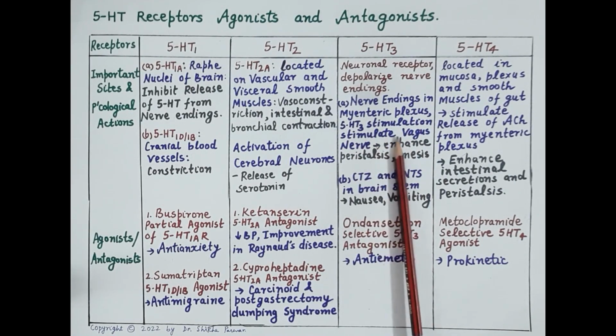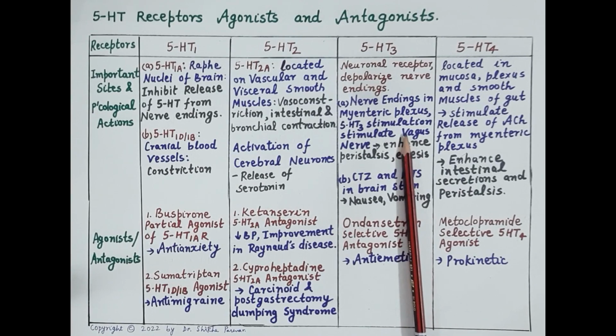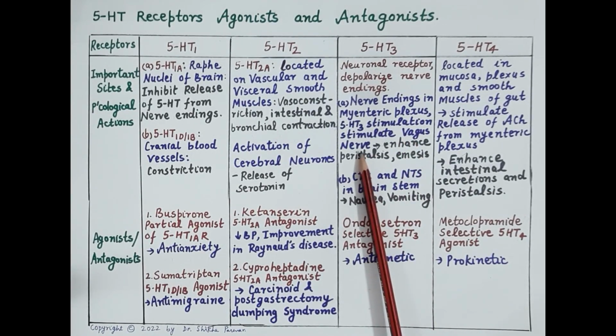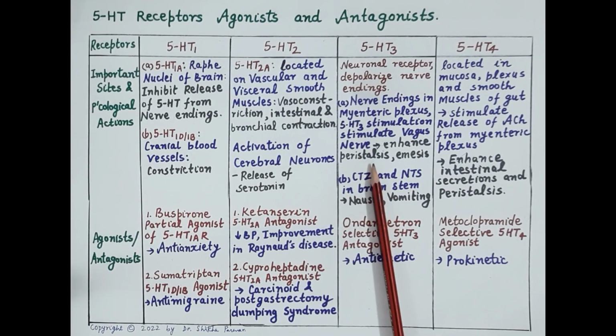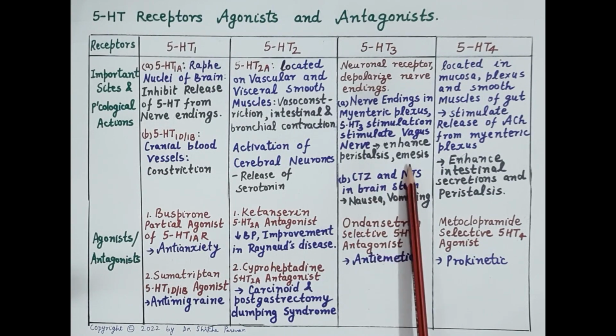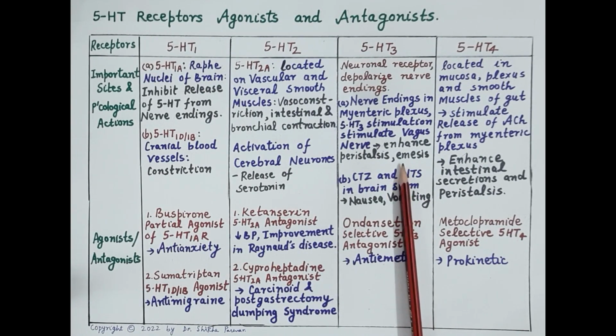Now, stimulation of 5-HT3 receptors, which are located in the myenteric plexus, stimulates the vagus nerve, and stimulation of this vagus nerve releases acetylcholine, and acetylcholine further stimulates or enhances peristalsis, which improves gastric emptying. That is, there is movement of stomach content in the forward direction. Now, if stimulus is strong, then acetylcholine can also induce emesis, that is vomiting.